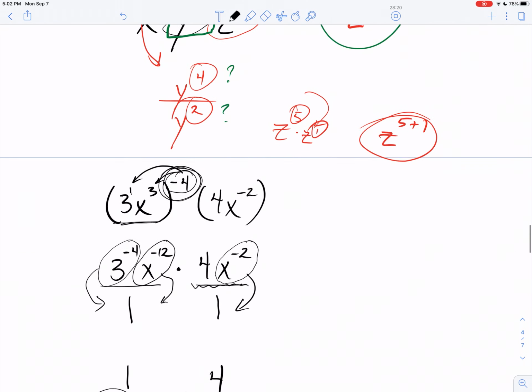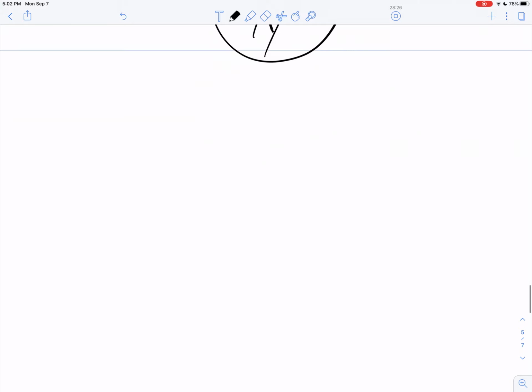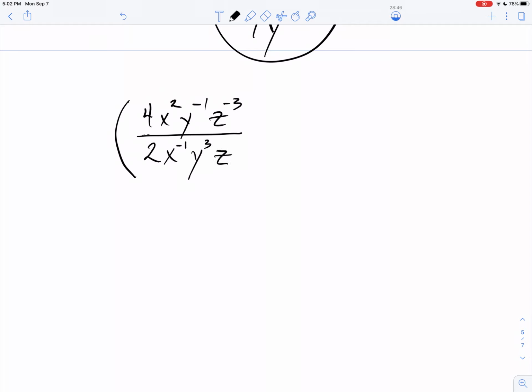So they had something like this: 4x^2 y^-1 z^-3 over, and then they had something like 2x^-1 y^3 z^5, and then they stuck an exponent out here.